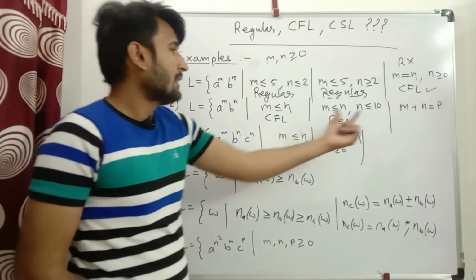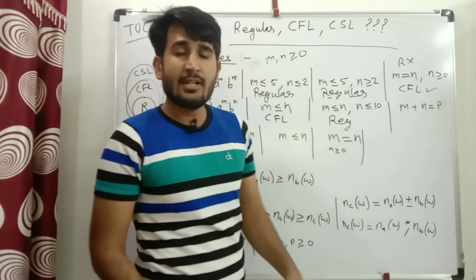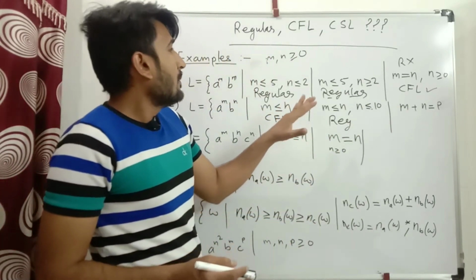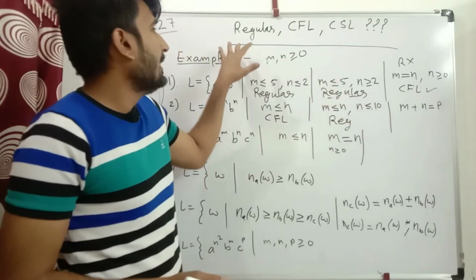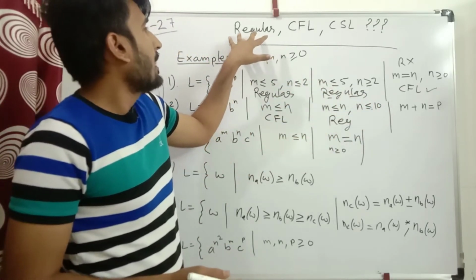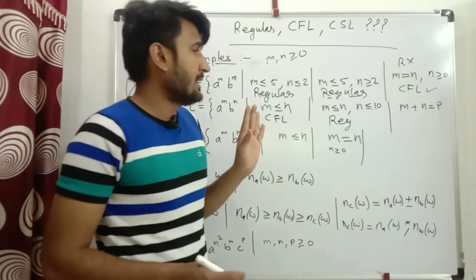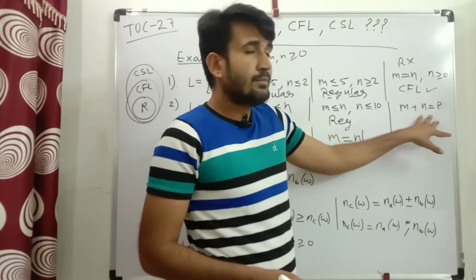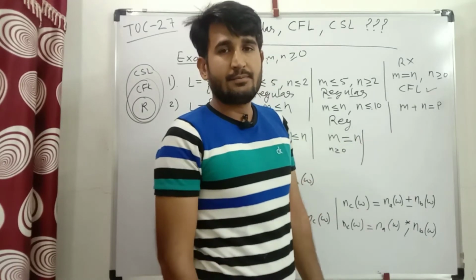Consider the next one. In the previous video, I gave an example while discussing regular, CFL and CSL. I gave this example only. Tell me which type this language is.